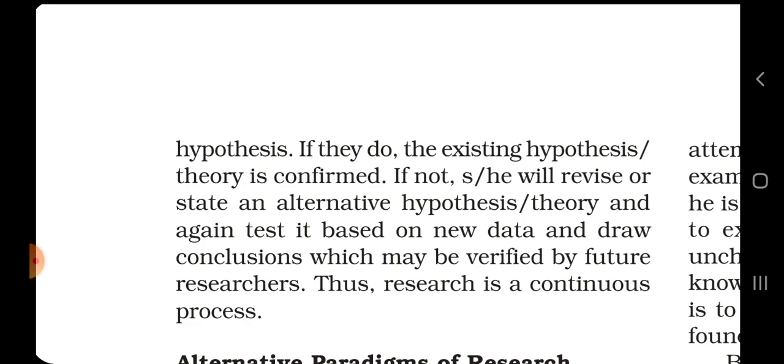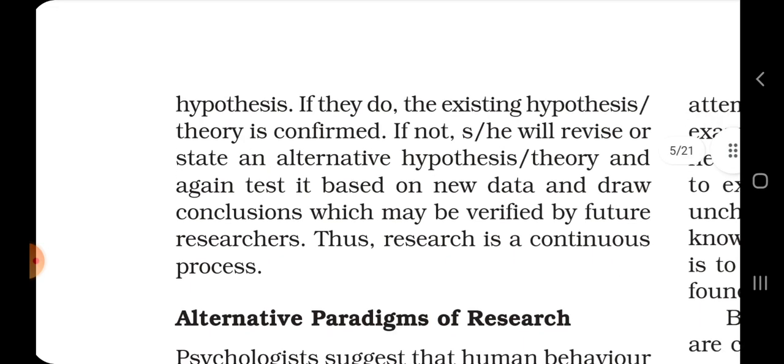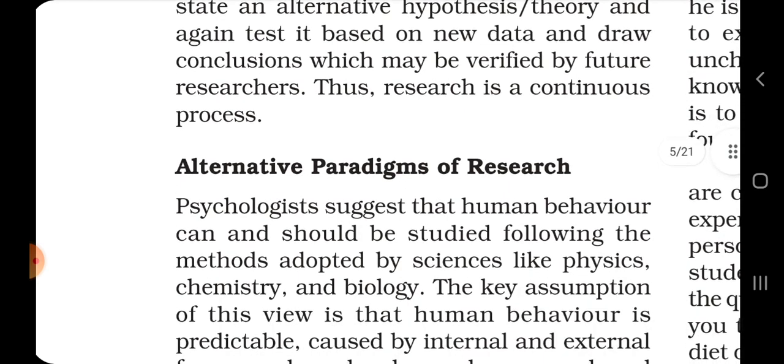After this hypothesis, again more generations come and they do the research, and they will judge and verify this hypothesis based on their research work. Thus, research is a continuous process.